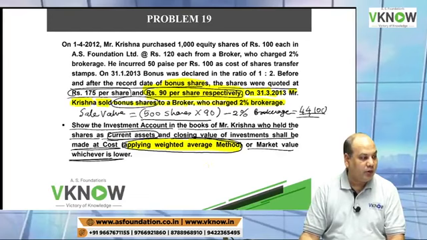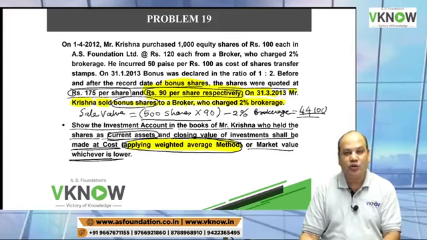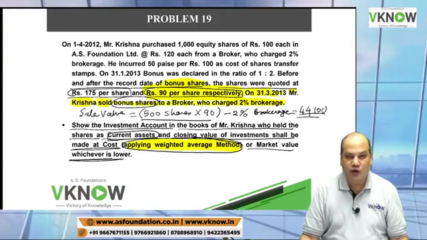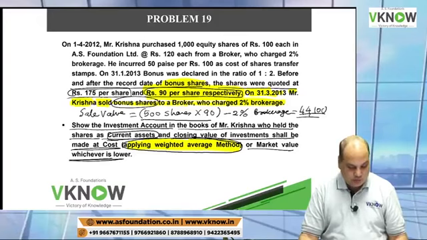For calculating profit and loss, you will take the weighted average cost method, and for closing stock you will take cost or market value, whichever is lower. So that would be your closing stock valuation.